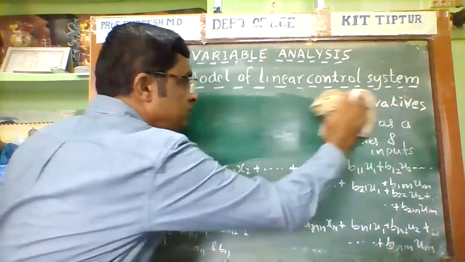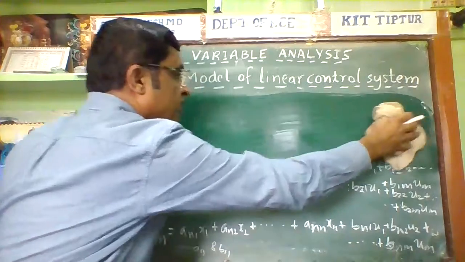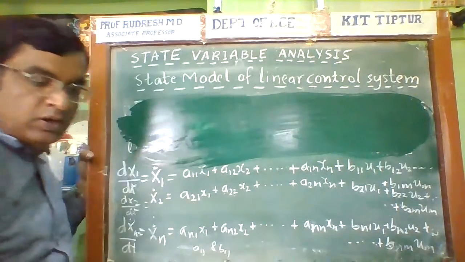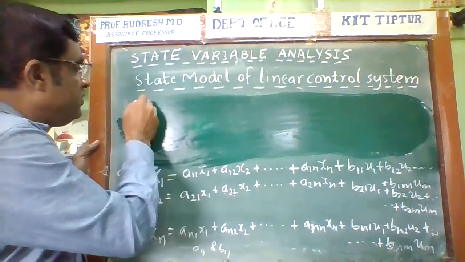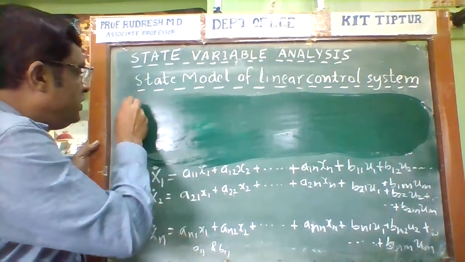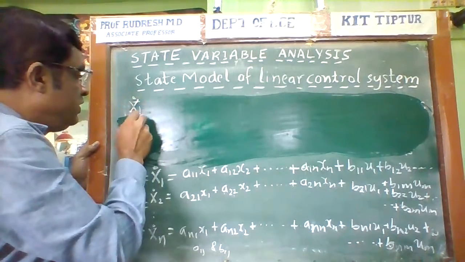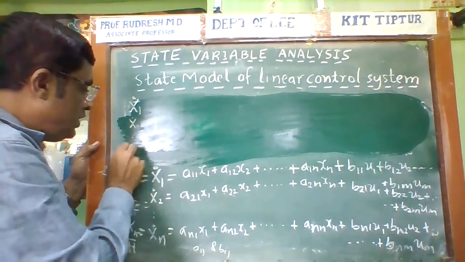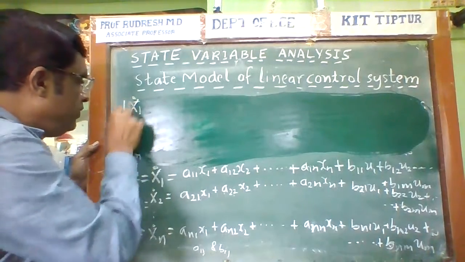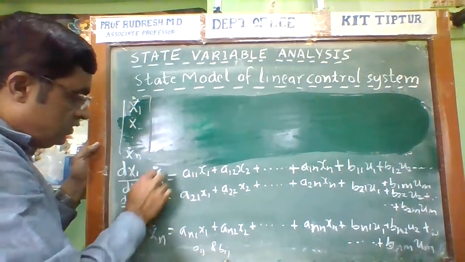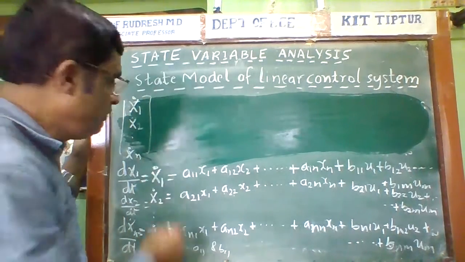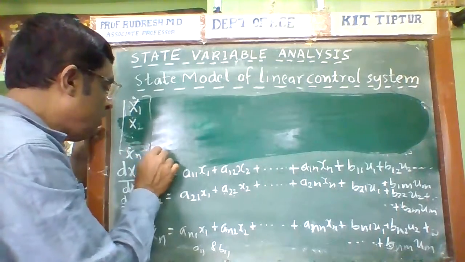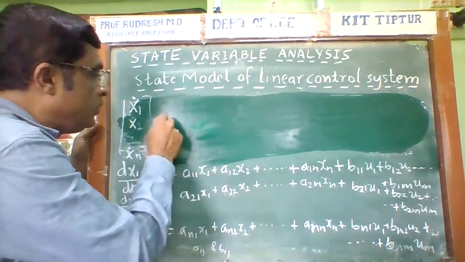Now, in matrix form, x1 dot, x2 dot up to xn dot is equal to, I have written the left hand side as a column vector of n rows and one column.